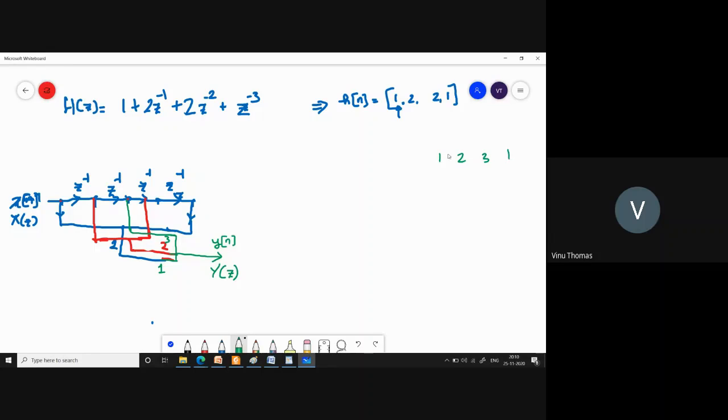Is it a linear phase filter? Anthony Roy? Is this linear phase? Hello. I think it is not. Why is it not? What is the reason you think so?